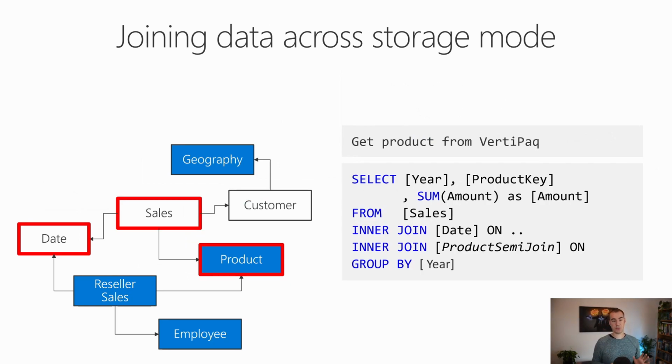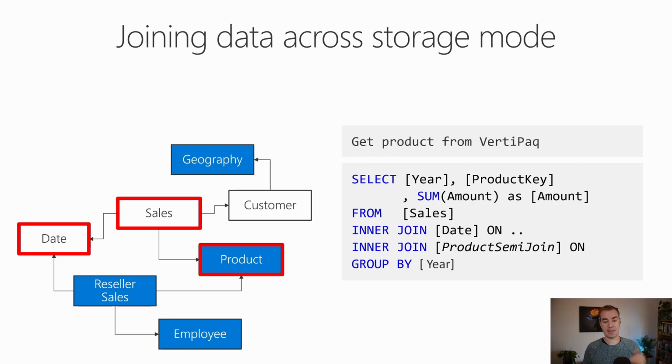But now I want to do something else. I want to join data across storage modes. So we do year, product key, and sum of amount. Now what's going to happen is it's going to get the data, the dimension table from VertiPaq. It's going to get the keys again. It's going to inject that into that other side to get the actual product names, to get the actual sales by product.